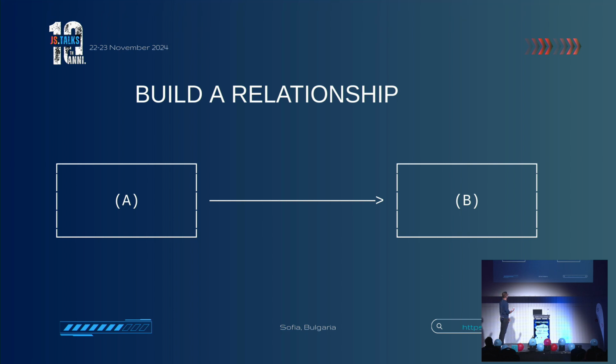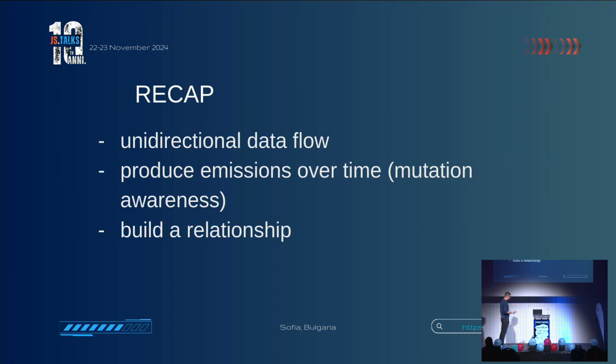To build a relationship for a reactive system, we just need to be able at runtime to tell that two modules need to communicate with each other, or to build a tight relationship so that whenever one changes, the other one changes as well.